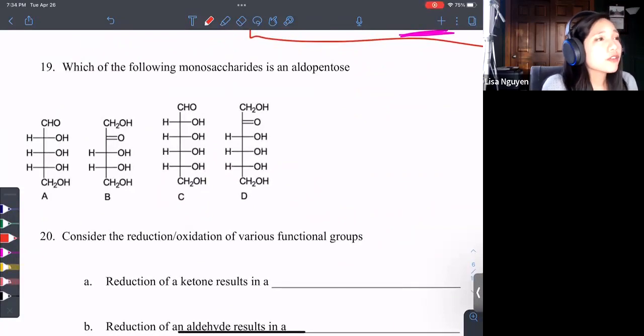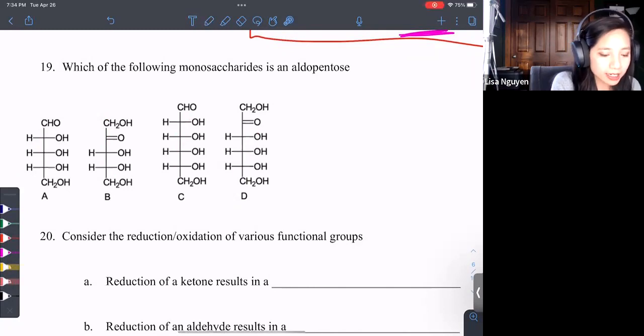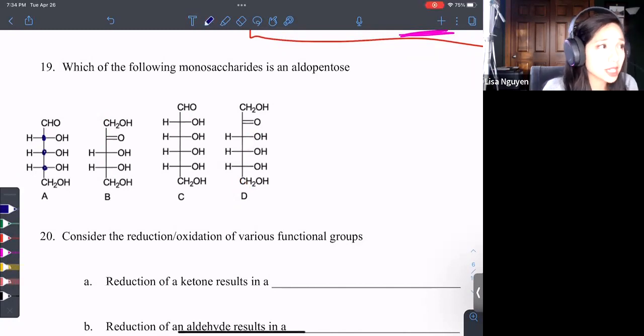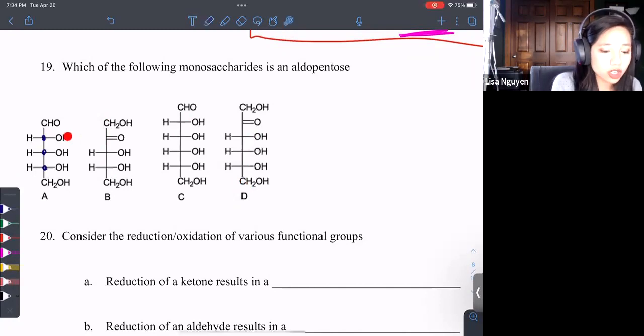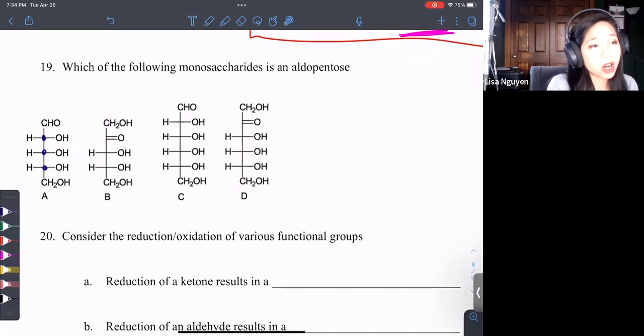Okay, so which of the following monosaccharides is an aldopentose? This is from chapter 4, carbohydrates, where we draw these Fischer projections of sugars, and each of the carbons in the cross are chiral centers, so whether the OH is on the left or the right matters based upon the stereochemistry. So these 3 carbons are chiral. This sugar only has 2 chiral carbons.